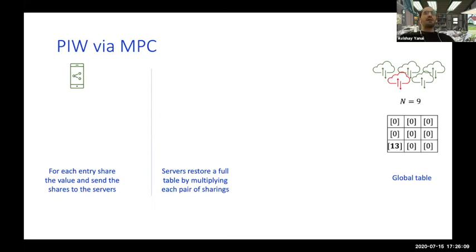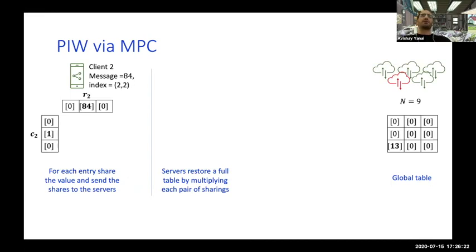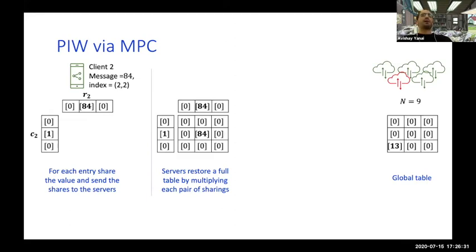As another example, we can take the second client. The second client has the message 84, and the location that it chooses is 2, 2. So it puts 1 in the second coordinate of the column vector, and 84 in the second coordinate of the row vector. Now the servers securely multiply the vectors and obtain the full matrix of that client, with the message appearing at location 2, 2.